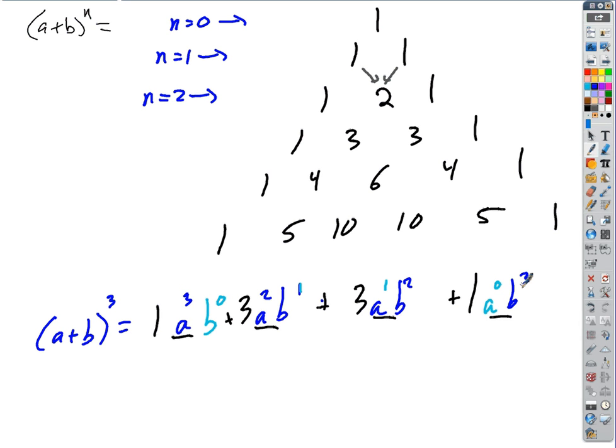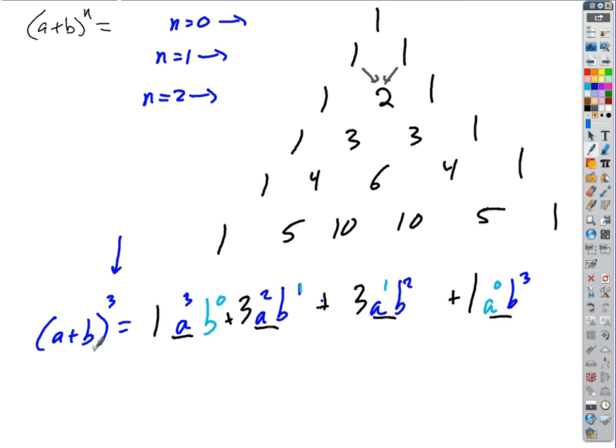What's our rule? What's the sum of the exponents for each term? 3. 3, right? Okay, and we're going to step down sequentially. The exponential weight starts off on the first term, and none of it's on the second term, and then it gradually, incrementally ramps down and up respectively, right? But they always add up to 3.